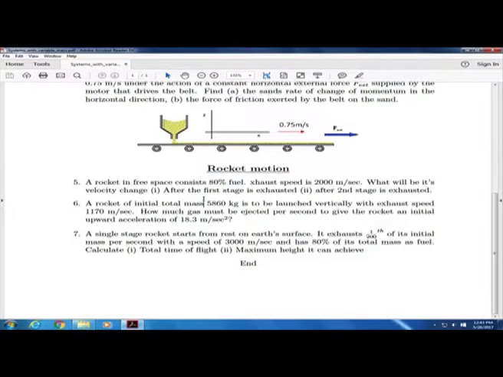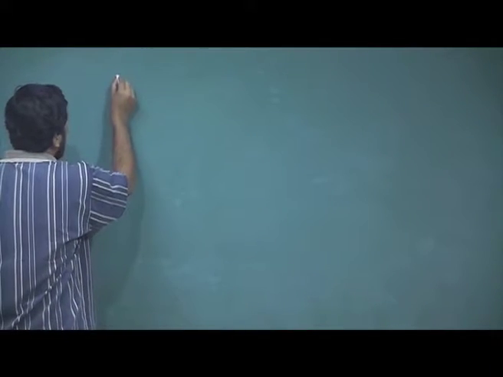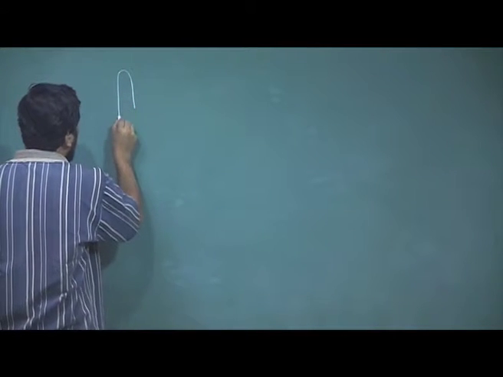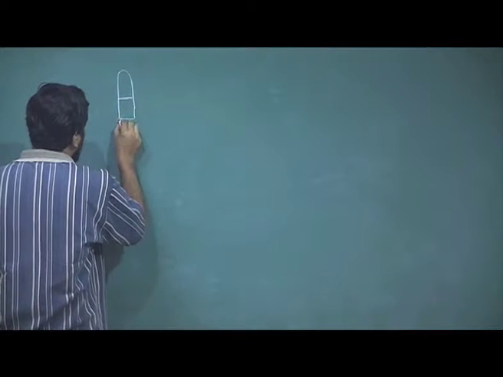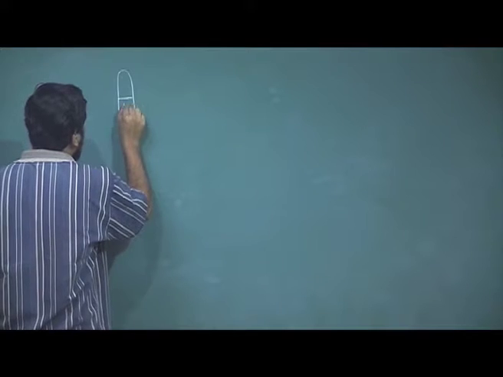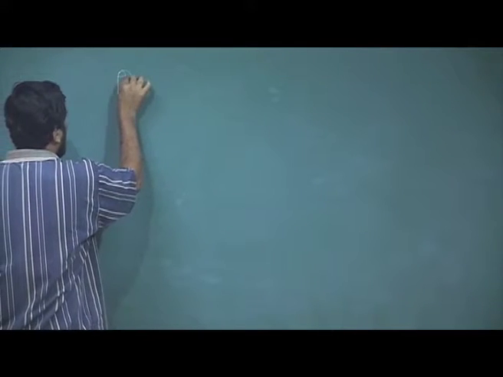Okay. So in order to do this problem, we have to understand the following. So we have a two-stage rocket. So this is stage 1, this is stage 2, and maybe on top we have a small payload.